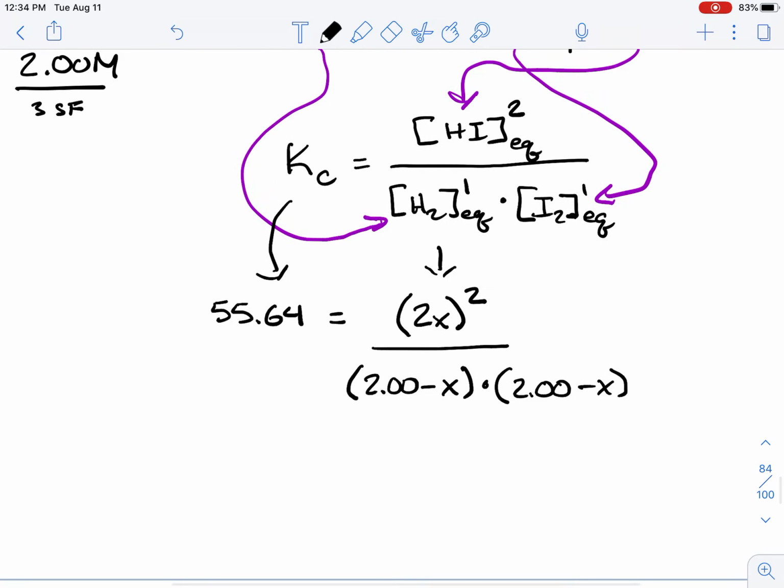If you guys look at the resulting equation, it looks like the denominator can be combined because they're the same term.